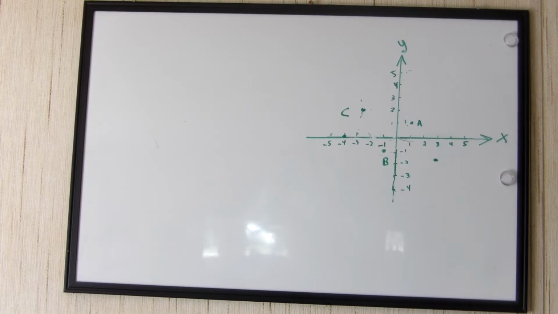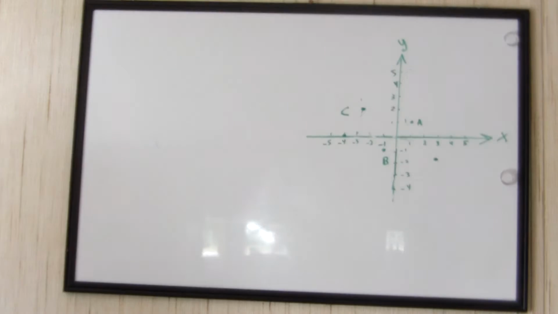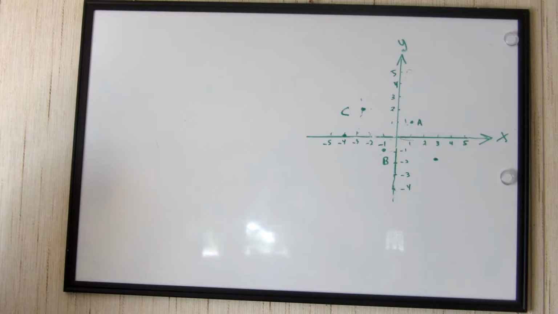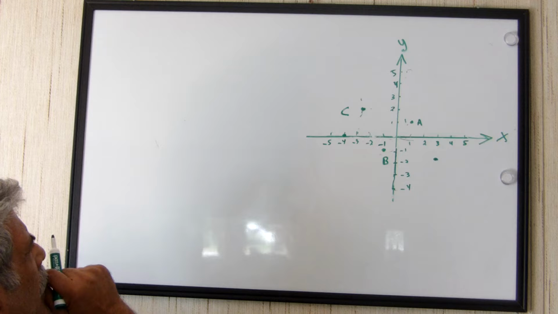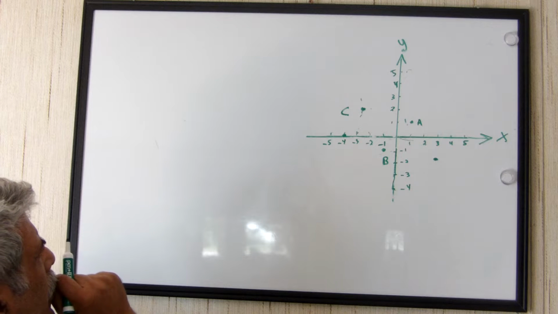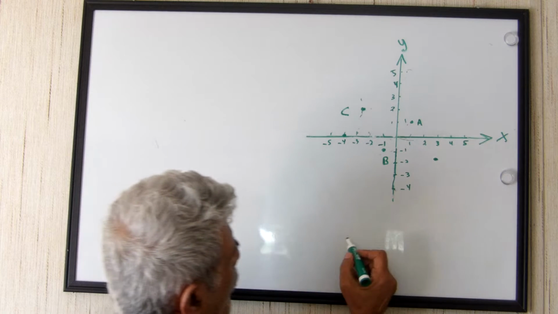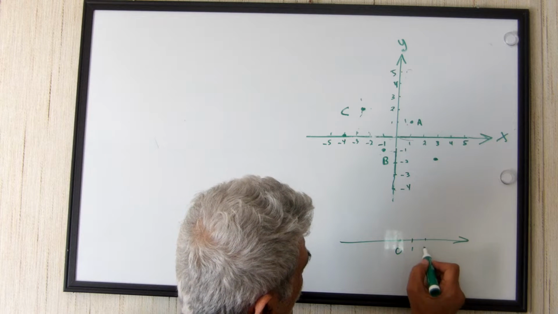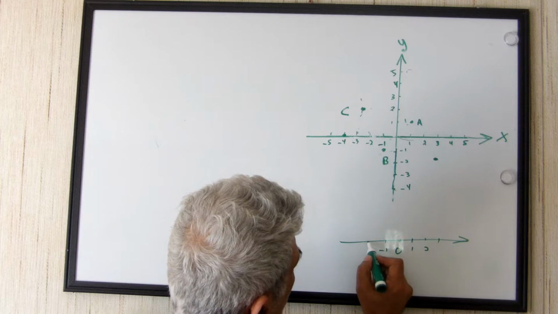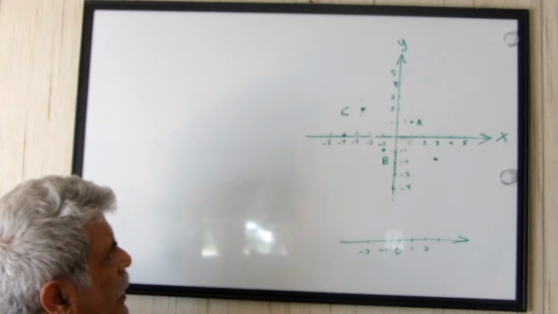Alright, in this video we are going to talk about the Cartesian grid. When you have a one-dimensional number line, say we have 0, 1, 2, 3, and -1 and -2 and so on.